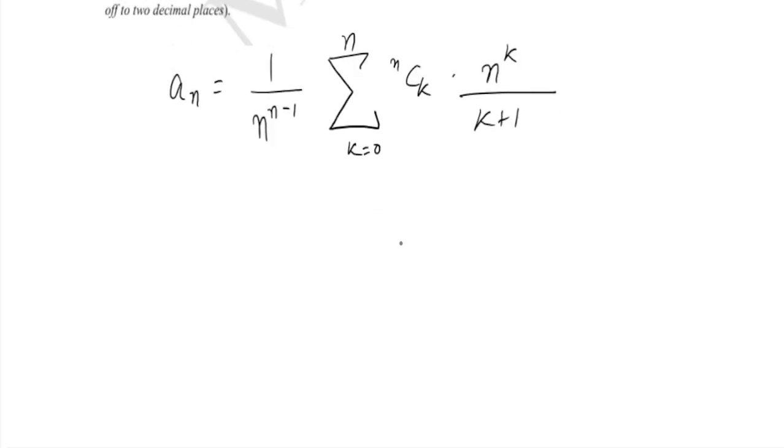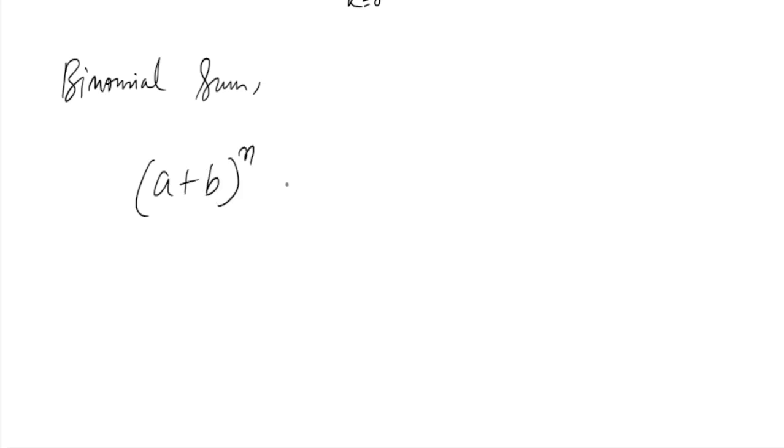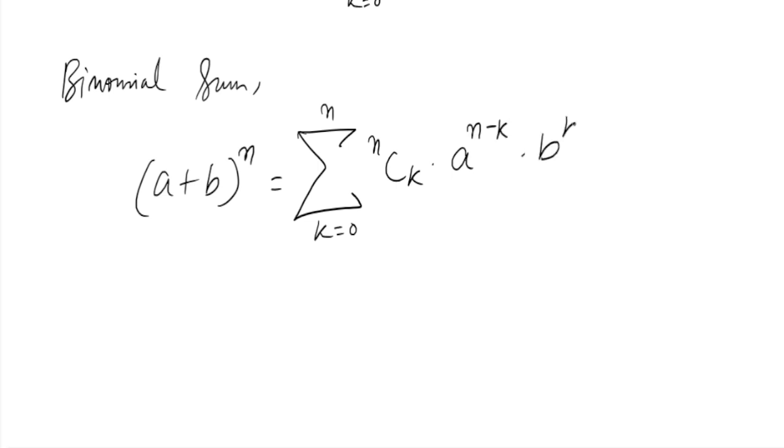Now in this question there's one formula which you should know, known as the binomial sum formula. What is the binomial sum formula? Suppose we have (a plus b) whole to the power n, then its expansion can be written as summation k equal to 0 to n nCk a to the power n minus k times b to the power k.